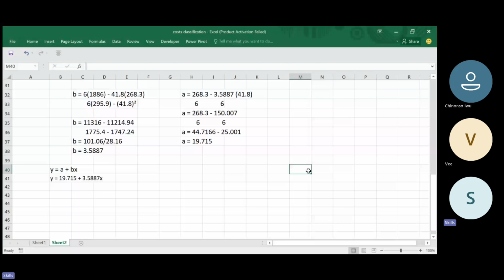If you are given the quantity in units that the company will produce, you substitute that X by the quantity. When you multiply it, you get your total cost.